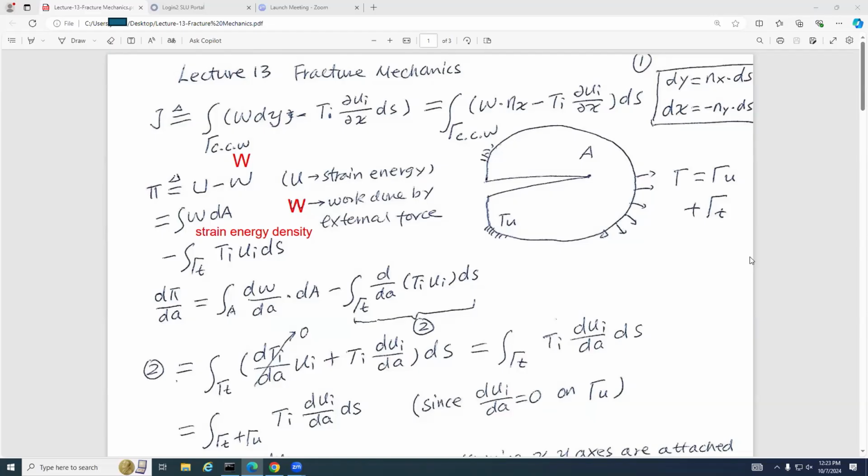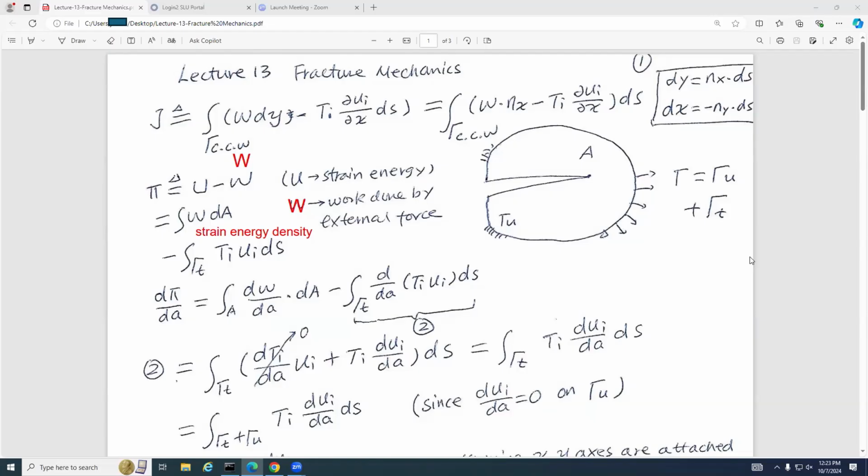You guys agree? For simplicity, we assume the thickness is unit, 1. Area multiplied by thickness is volume, and volume multiplied by strain energy density equals strain energy. So this is the first term.